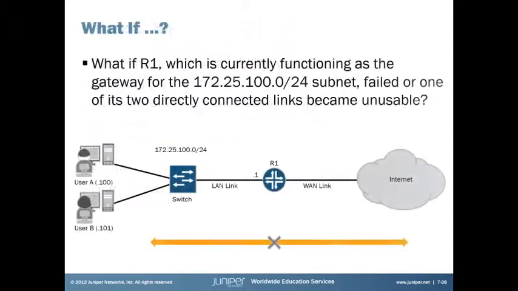Okay, let's look at this scenario here. What if R1, which is currently functioning as the gateway for 172.25.100.1/24 subnet, failed, or one of its 2 directly connected links became unusable? We have an end-to-end communications fail in that particular scenario.